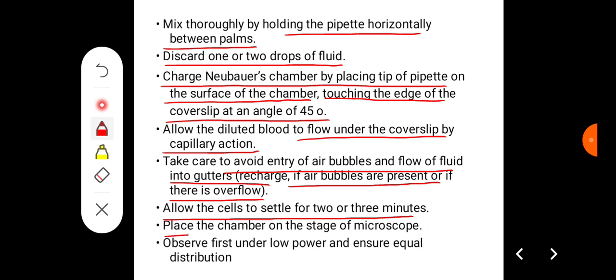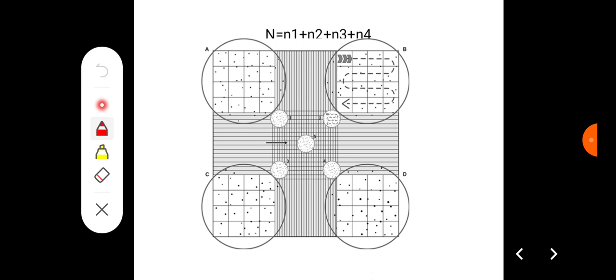Then place the chamber on the stage of the microscope. Then observe first under the low power or the scanner to ensure equal distribution of WBCs in all the corner squares. When you see under the scanner, you'll be able to see all the 4 squares, and when you see in the low power, that is in 10x, you'll be able to see one of the corner squares, which contains 16 squares.